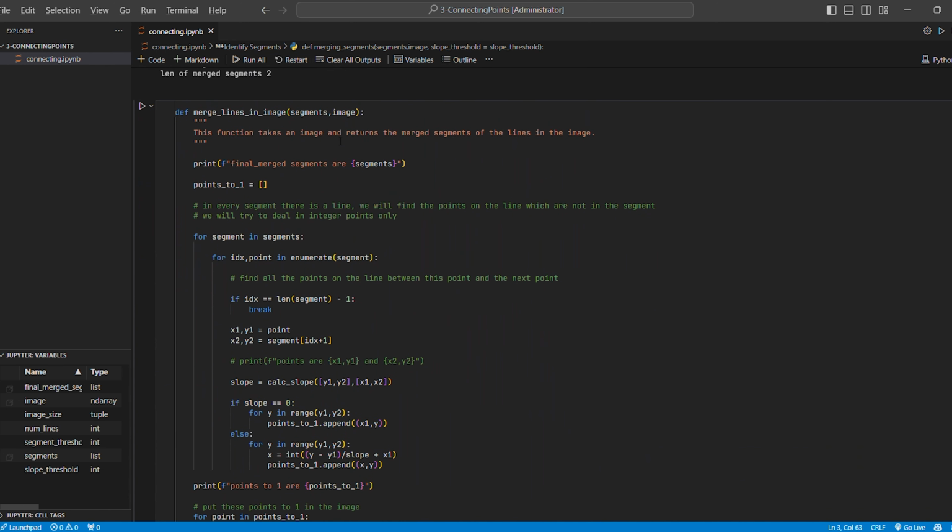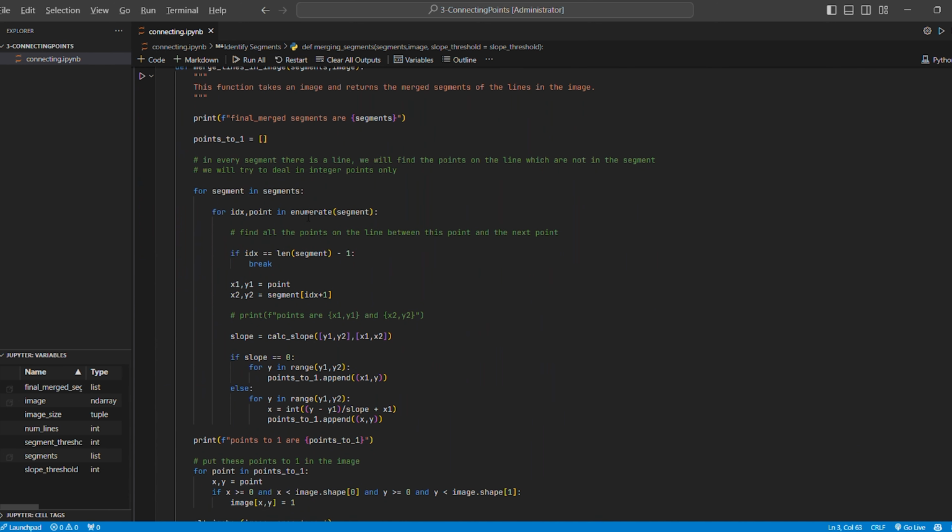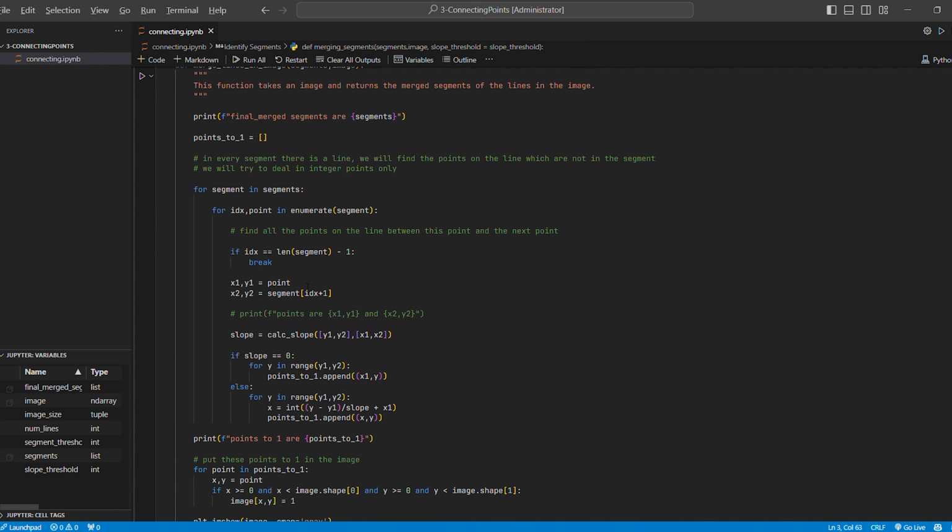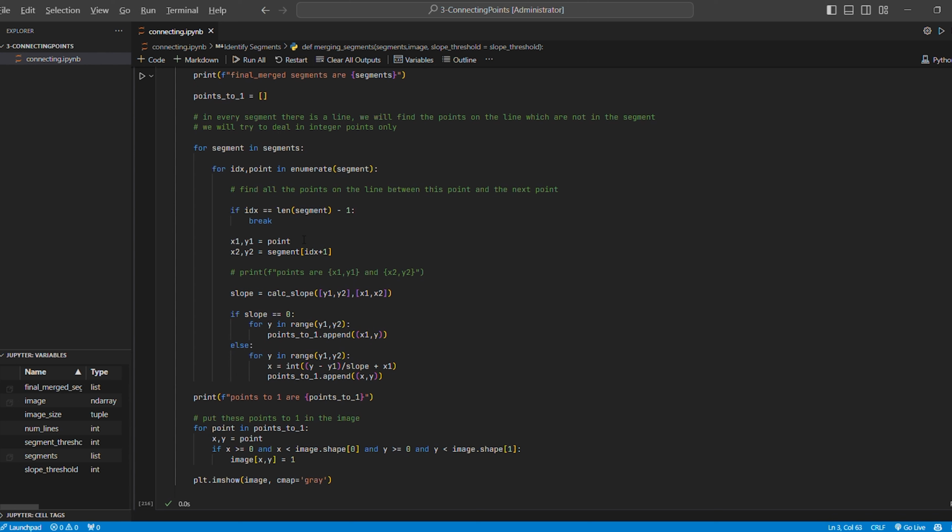In the merge step, we take the first point and second point, and the last point and next point, and we calculate the slope of it, and we check within the ranges if any point is missing, and if a point is missing in the range, we append it to this array. This array represents all the points which need to be converted from 0 to 1 to connect our line.